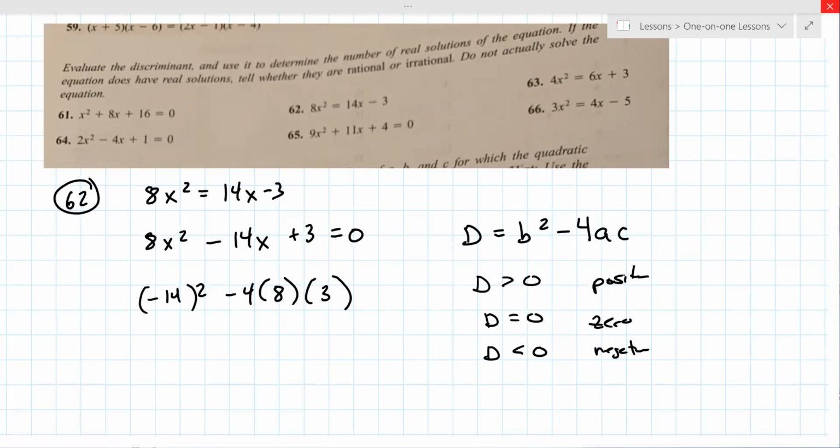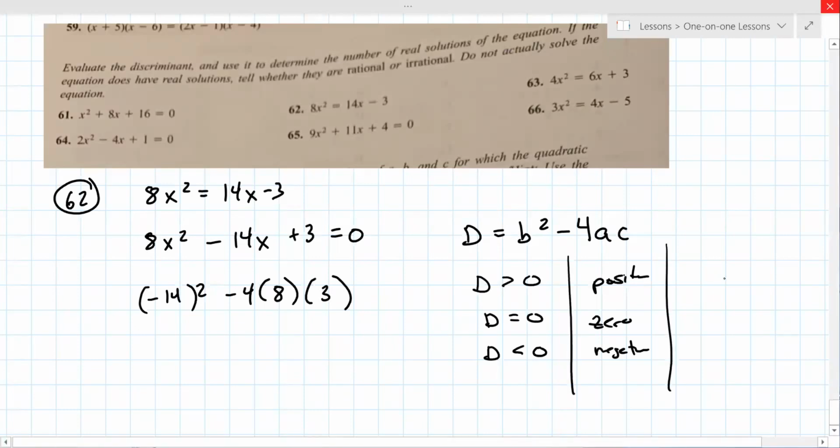This one is negative 14 squared minus 4 times 8 times 3. Oh, it's just 100. It's positive. Great. When it's positive, this is like a table here, it has two real solutions.